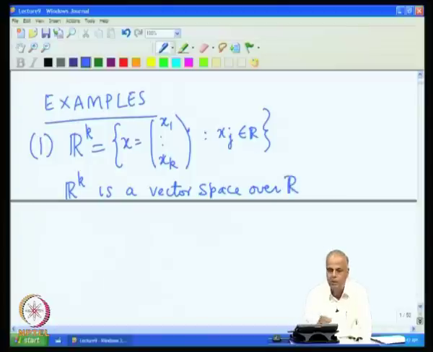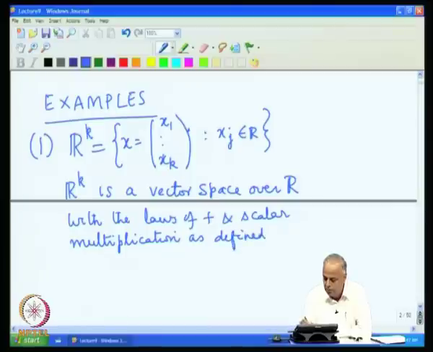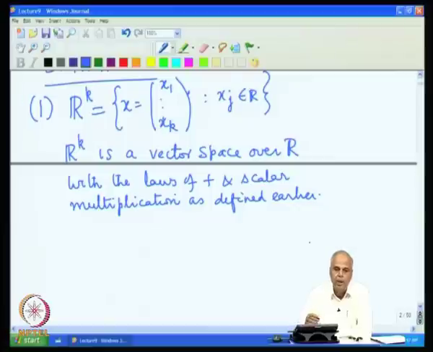The scalars we consider are R with the laws of plus and scalar multiplication as defined earlier. How did we define this scalar multiplication? When we said add, we simply added the corresponding entries. When we said multiply by a scalar, we meant multiply every entry by the scalar. Now, what was the 0 element of this vector space?